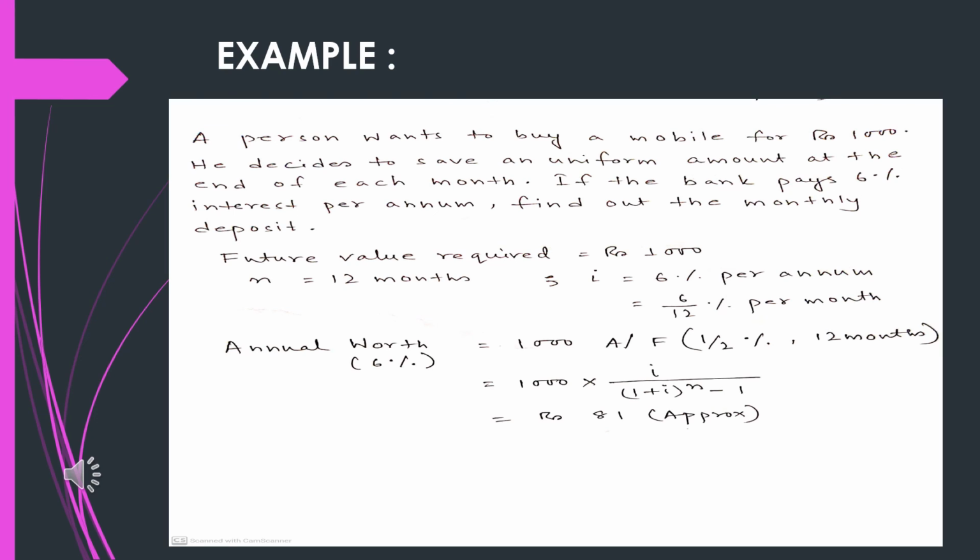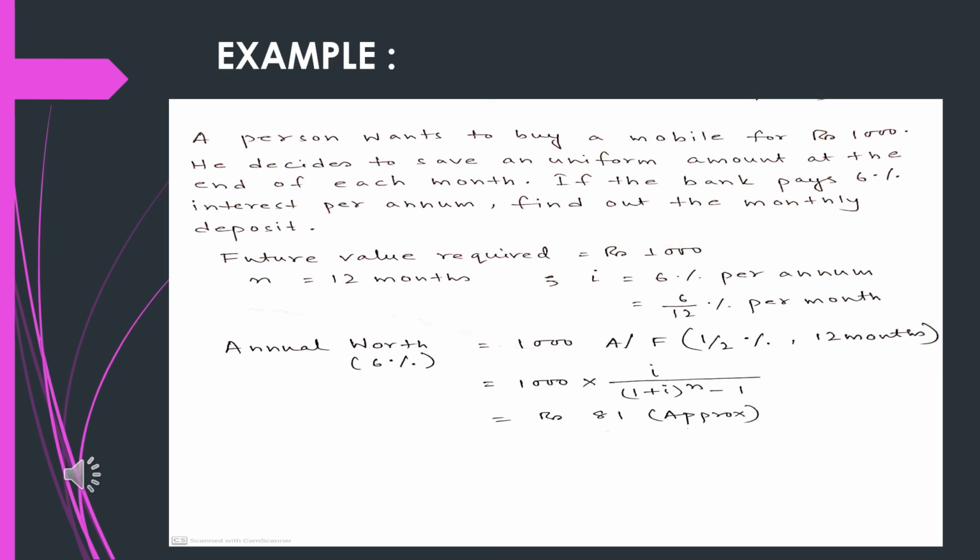Here we need to take into account that the rupees 1000 which the person requires to buy that mobile after 1 year is a future worth value to us. The time taken for the person to gather that money is 12 months.